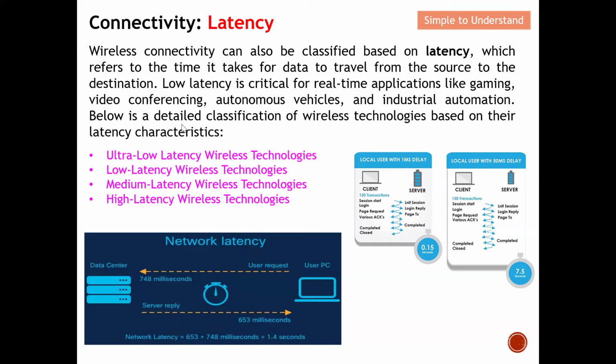Below is a detailed classification of wireless technology based on their latency. As I mentioned earlier on, latency is the delay. Basically these are the delays for the round trip communication. How much will be the delay? How much will be the latency? Under this latency, we have four categories.